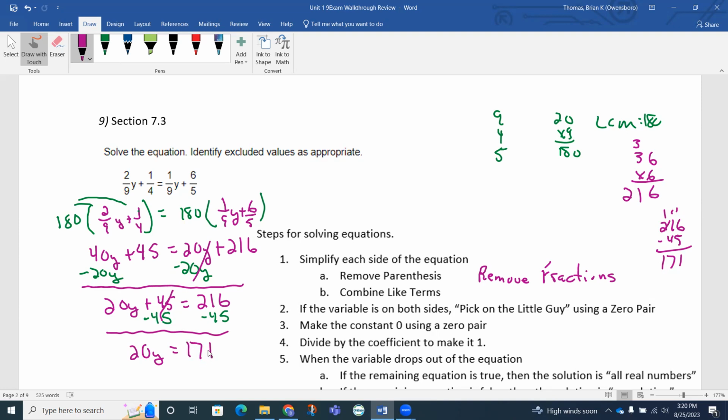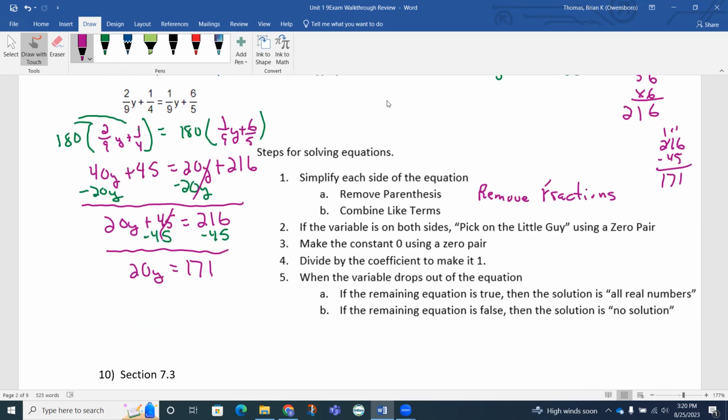From there, I want to solve for y. I have to make the coefficient disappear, so I divide by the coefficient. I divide by 20 as long as I divide this by 20. So I have 171 divided by 20. The math is getting a little deep here, so I'm going to have to start engaging my calculator. 20 into 171: if I ignore the 0, 2 goes into 17 about 8 times. 8 times 20 is 160, so my remainder is 11.